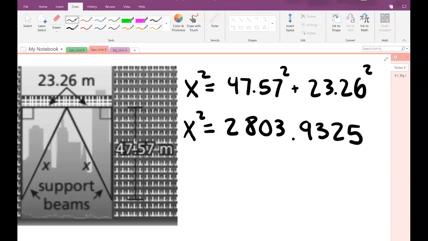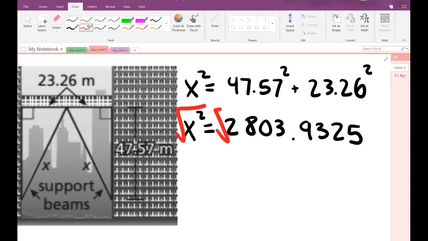2,803.9325. So I'm leaving all my decimals because I'm just going to round at the very end so I don't introduce extra error. Because the more you round your answers at the beginning of the problem, the more error you're introducing into your final result. So I'm just going to round at the end.